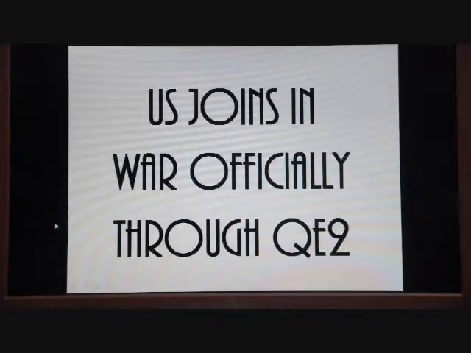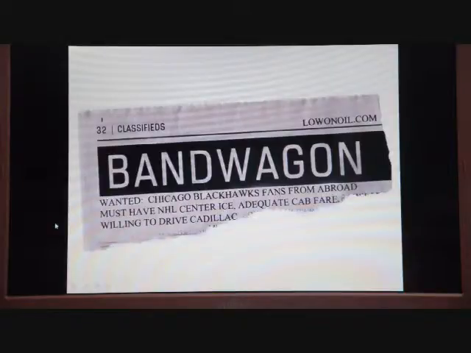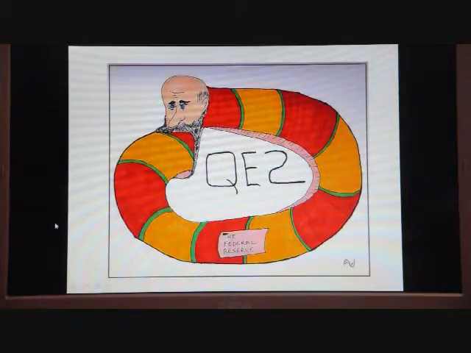How did the US join the war officially? In a desperate ride to jumpstart her stalled economy, the US became the first country to jump onto the bandwagon and start printing money through the process of quantitative easing 2, QE2. QE2 refers to the second package of quantitative easing that the Federal Reserve announced in November this year.